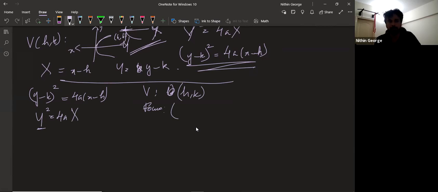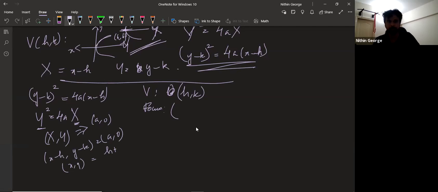So remember, in the capital XY coordinate system, it will be a comma 0. But that is in the capital XY coordinate system. You're getting a comma 0, and capital X is nothing but x minus h and capital Y is nothing but y minus k, equal to a comma 0. So in the old system, in the XY system, you'll get this as h plus a comma k. So this is what you get as the focus. Is this clear to everybody?